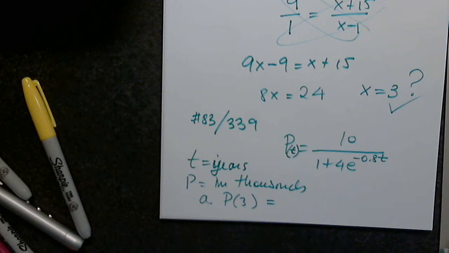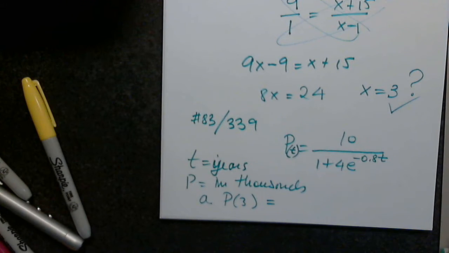Here's e, careful. E is right here with natural log. I will put its power in parentheses, negative 0.8. This negative here, the sign, negative 0.8 multiplied by 3, close the parenthesis for the denominator, and then press enter.